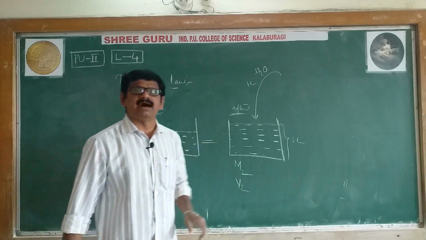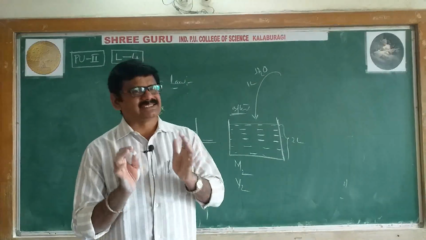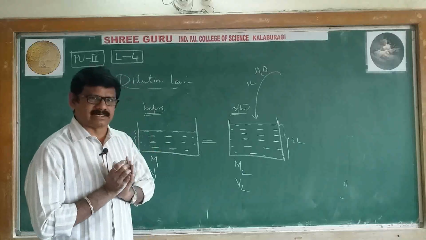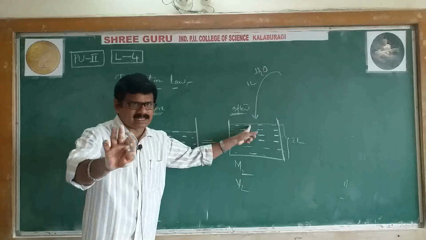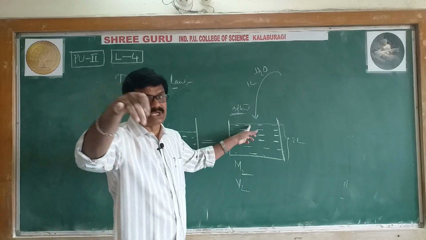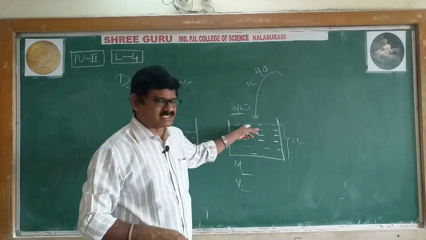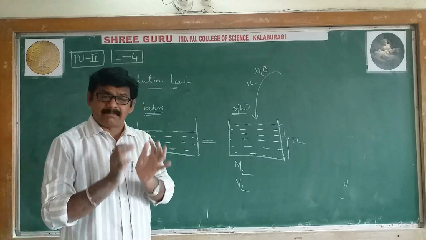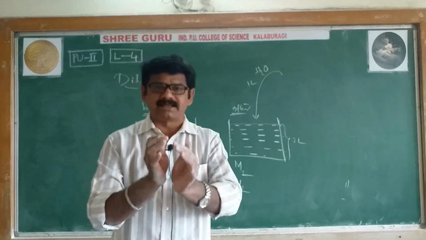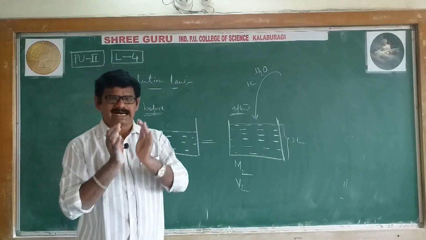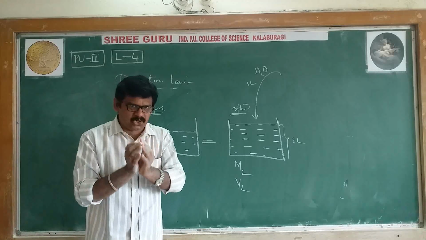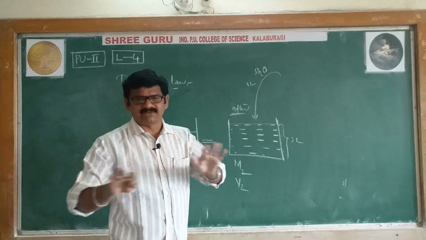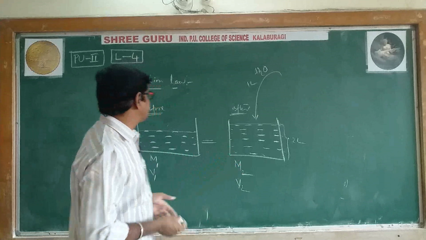But here one similarity is there. One common term is there. What is the similarity? What is the common term? We are just adding water, that's it. We are not adding any solute. That's why before dilution and after dilution, the number of moles remains the same. Number of moles means number of moles of solute remains the same. That will not change. Then how to get the number of moles?